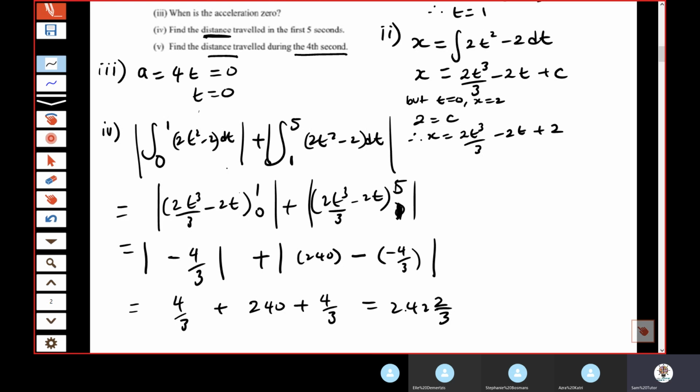So to find it during the 4th second, the whole distance, that's actually 4.1, 4.2, 4.3 up to 5. So you're going to find the distance at 5, subtract it at 4, and that should be the distance you've traveled in the 4th second. Well, no. Oh, that's what you say. No. Well, how could you do that?